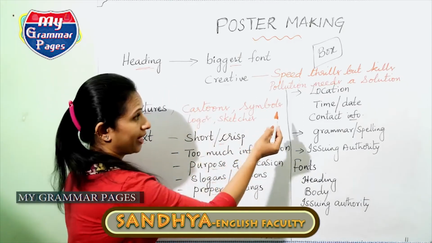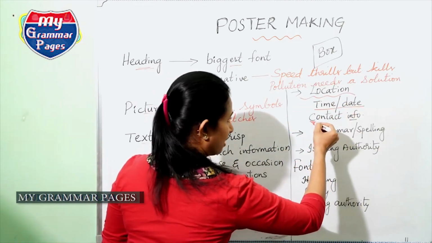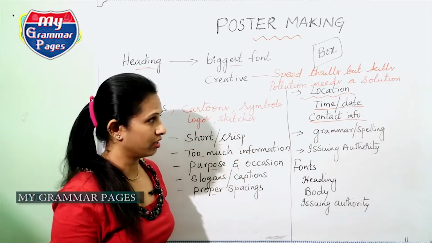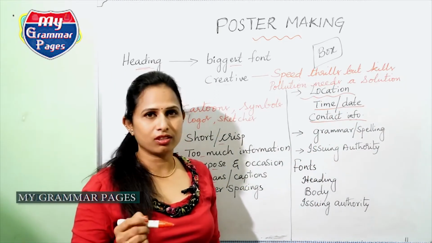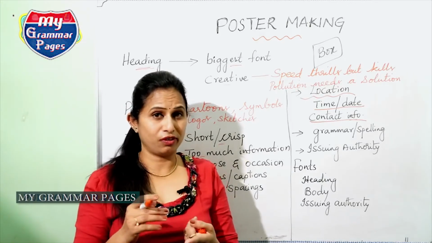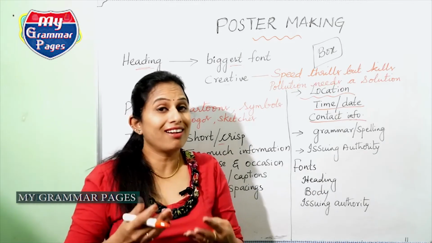And coming to the next thing, this is the location, time, date and the contact information. When are these supposed to be written? These are to be written when you are announcing a certain show or opening ceremony or certain classes.